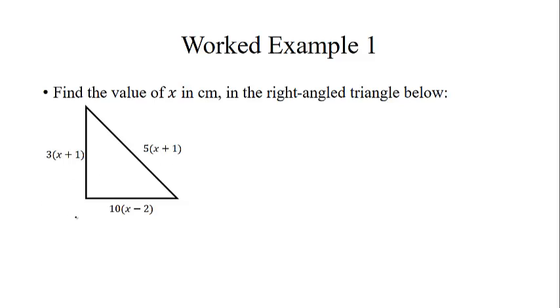So now since this is a right angle triangle, we know the hypotenuse squared, which is 5 into bracket x plus 1 all squared, will be equal to the sum of the squares on the legs of the right angle triangle.